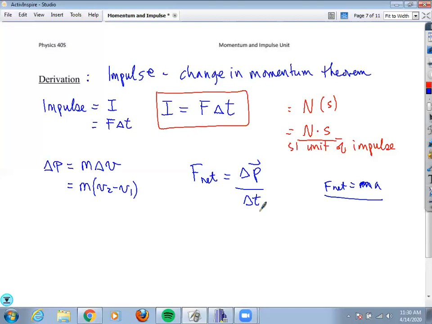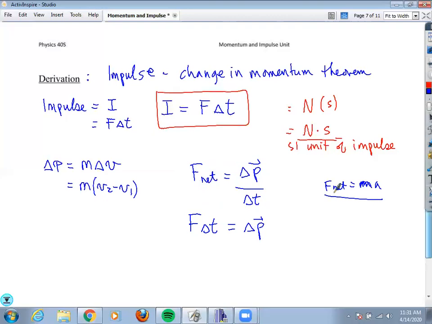Well, we know that impulse is equal to F delta t. If we isolate delta p, we can multiply up delta t and we just replace F net with F. We know that it's F net, so we'll just call it F, multiplied by delta t, and that equals change in momentum.